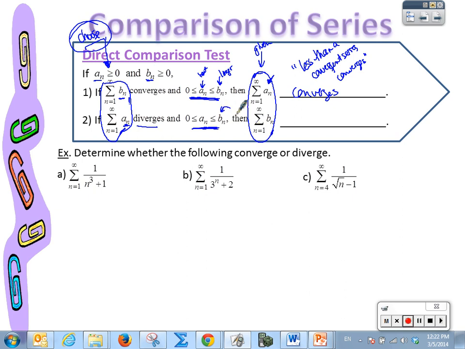Okay, and then the one that I chose will diverge. And the little saying that goes with that is greater than a divergent series diverges.